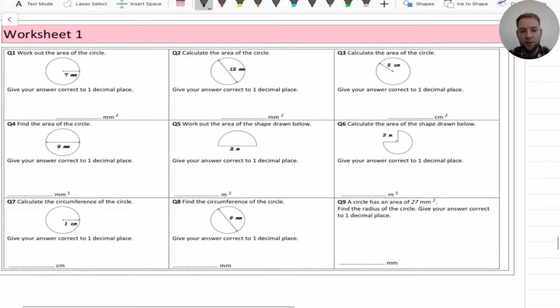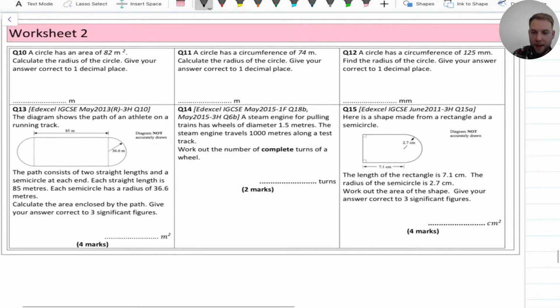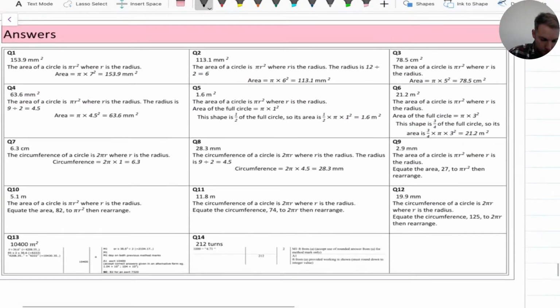And here's a worksheet if you're catching up at home later. And there's some further worksheets. And there's your answers.